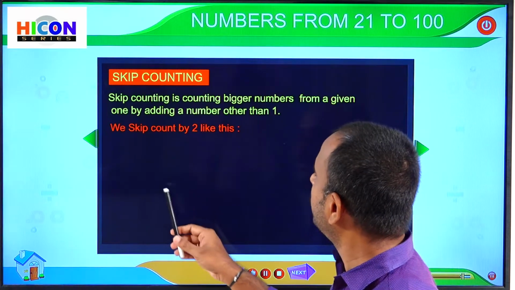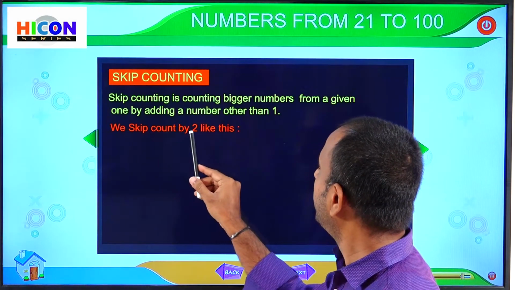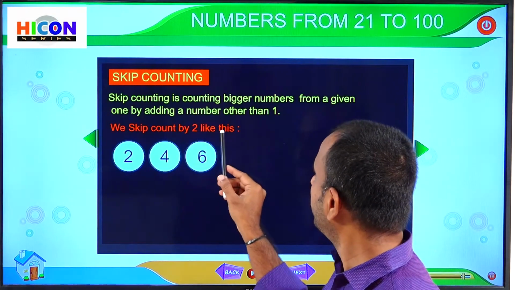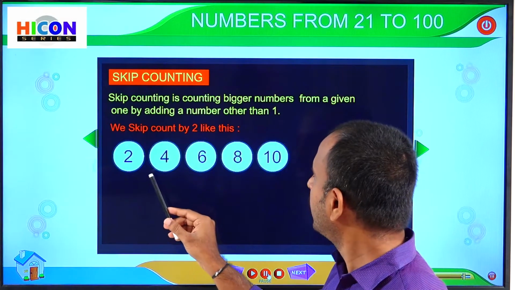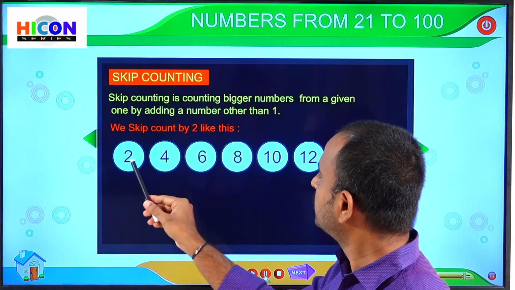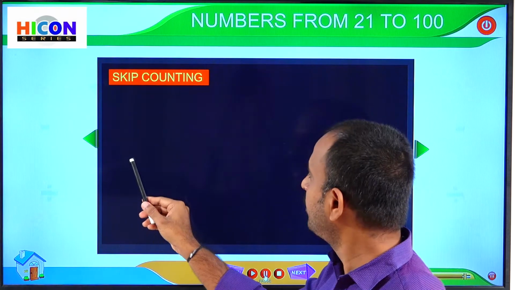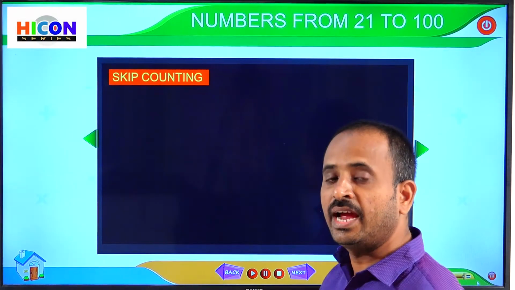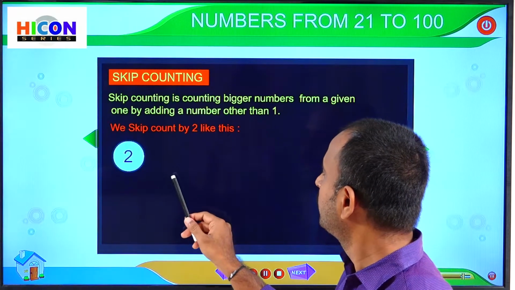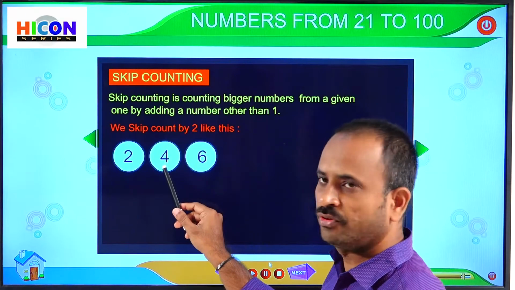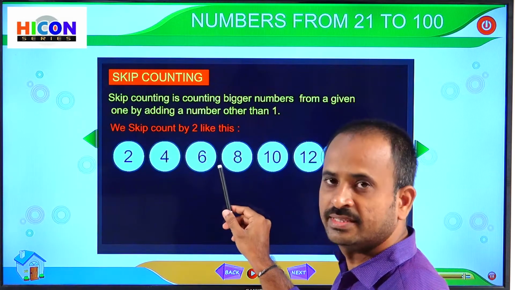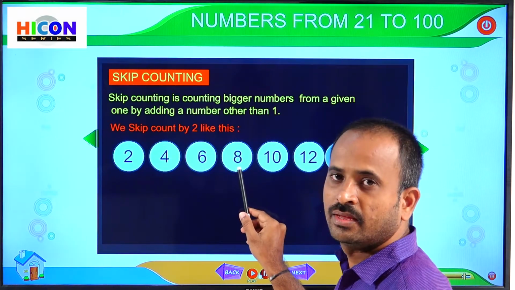For example, we skip count by 2 like this. Children, see how we skip count. The first number is 2, the given number is 2. Just add 2, we get 4. Add 2 to 4, we get 6.